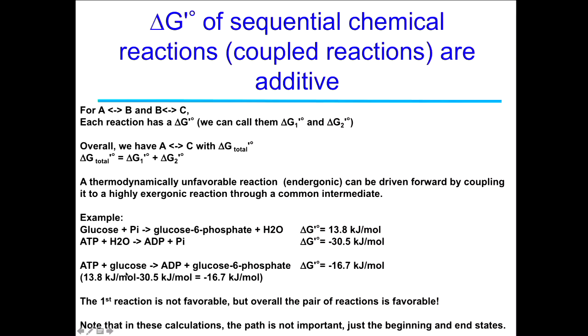It's just that we have ATP and glucose, and then we get ADP plus glucose 6-phosphate, the beginning and end states, the reactants and the products. So with coupled reactions, if you have sequential reactions and you go from A to B and then B to C, you can do these sorts of calculations and you can get a product, even if one of those steps in the middle might not be so favorable.